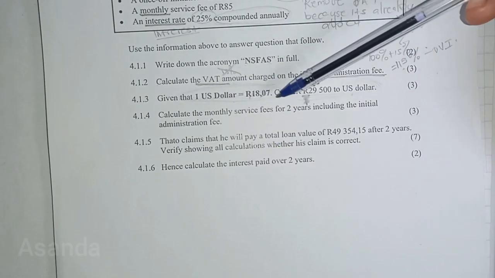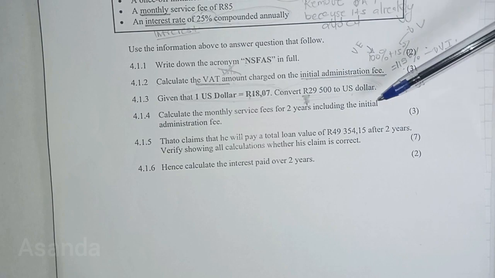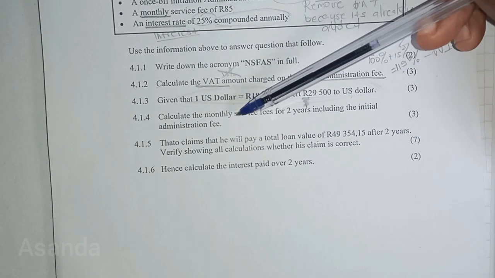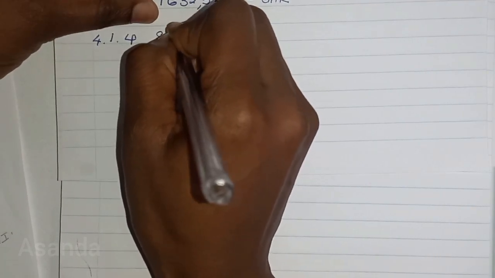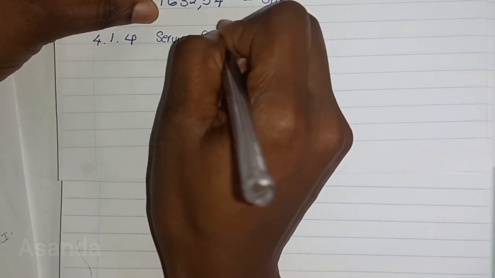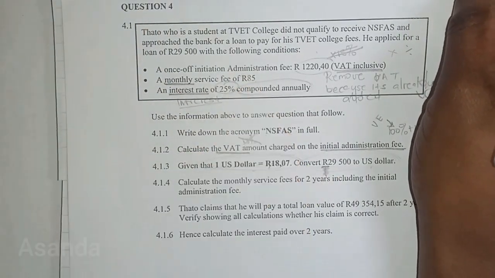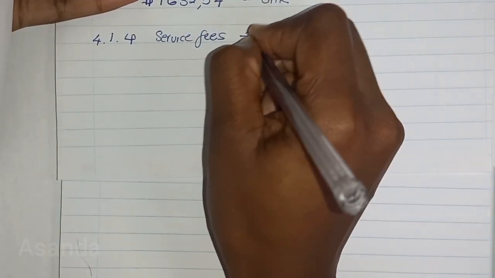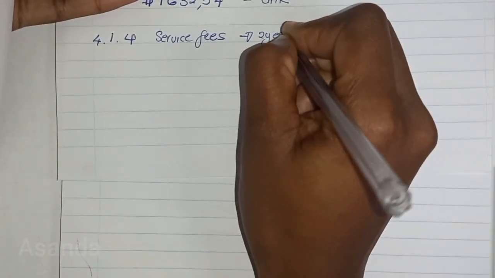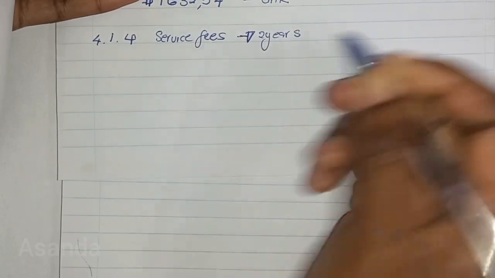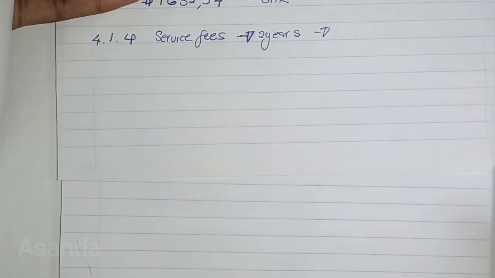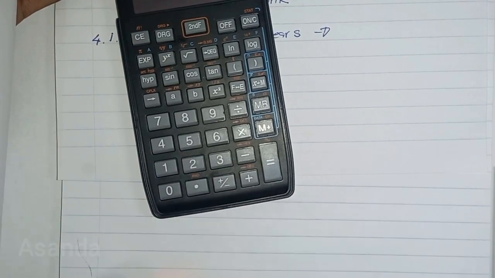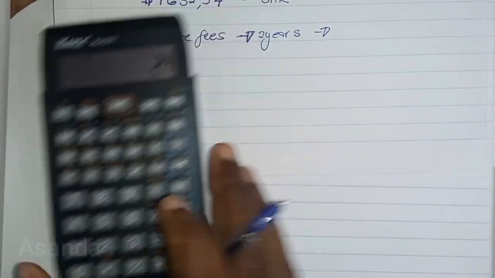Calculate the monthly service fees for 2 years, including the initial administration fee. Okay. Now, service fees. Our service fees here says monthly service fee is 85 rands, and for 2 years, so I'm going to sort this out first because they gave us a monthly fee. 2 years is 12 months, that's 1 year, plus another year, that's 24.